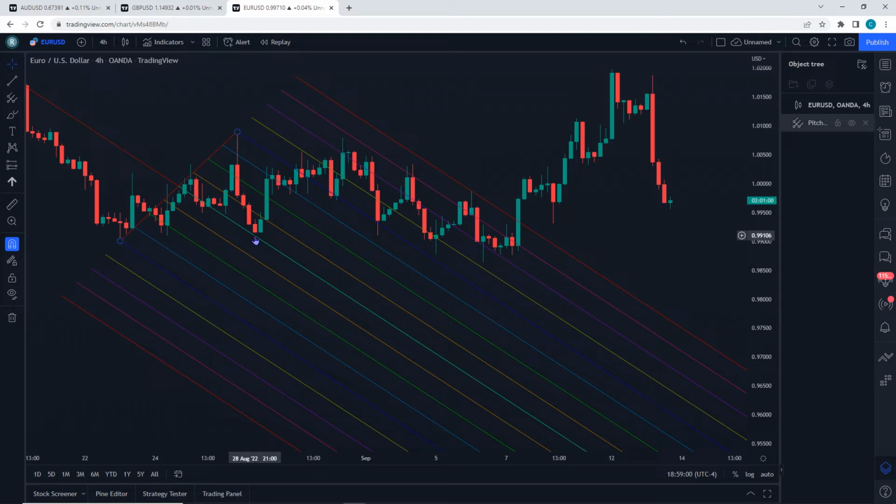As we can see, price just comes, touches, moves away, touches perfectly this one, this down, comes back in, never closes below this one. And then what does it do next time it touches it? Same thing. It does wick below it, never closes below this one, comes back up.